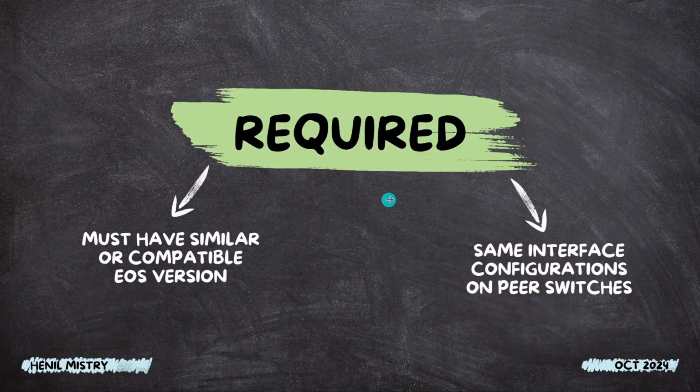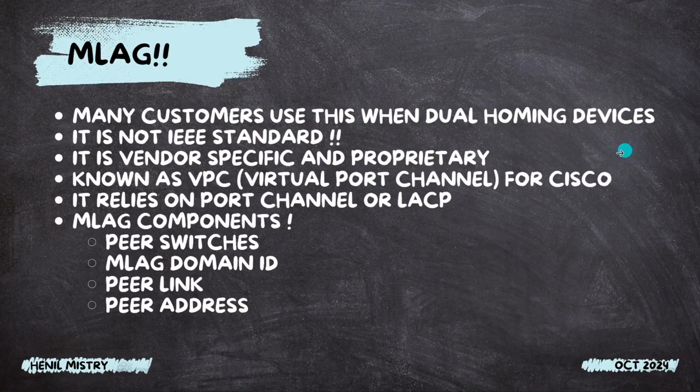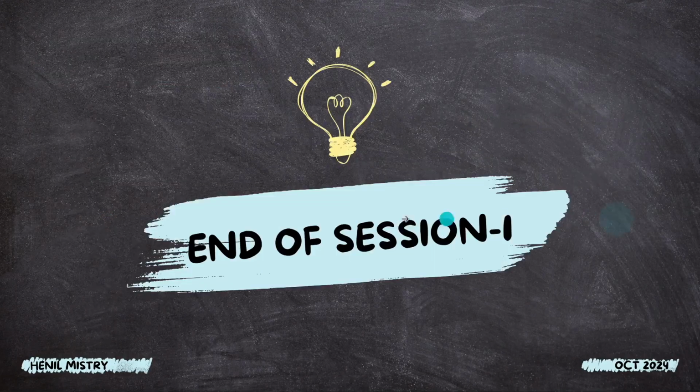These were the requirements to have MLAG, and at last we saw some facts about MLAG: it is not an IEEE standard protocol, it is vendor specific. For Arista it is MLAG, and for Cisco it is vPC, or virtual port channel. We also saw the components of MLAG.